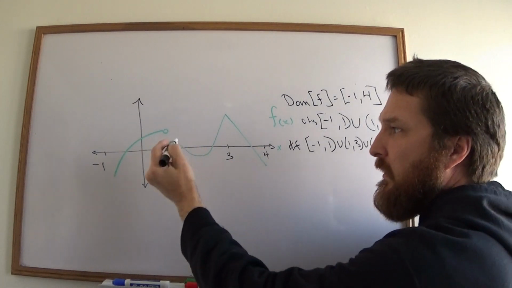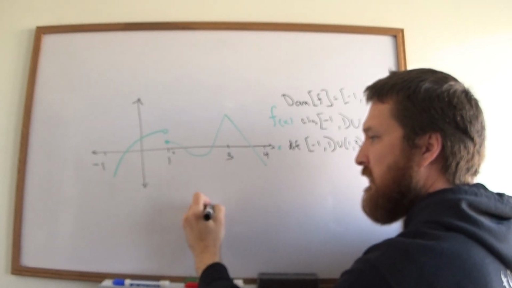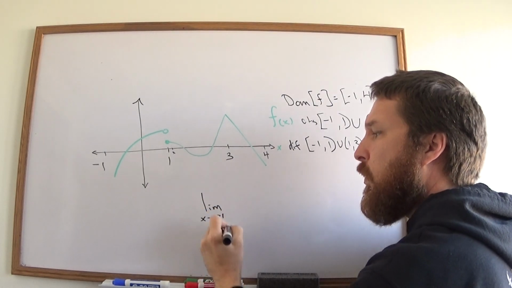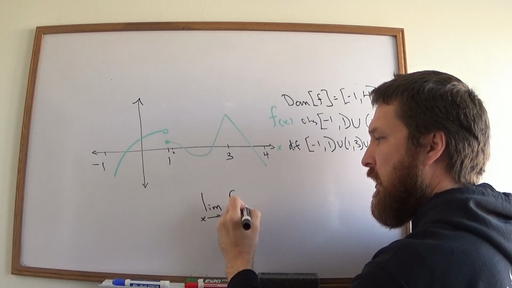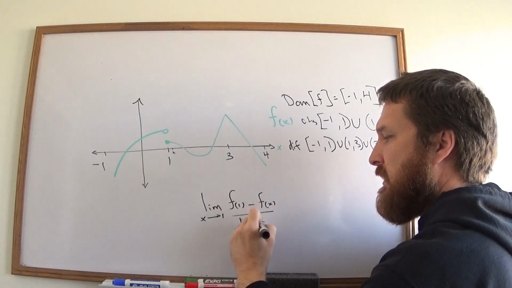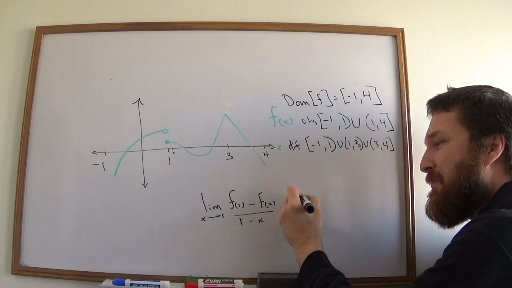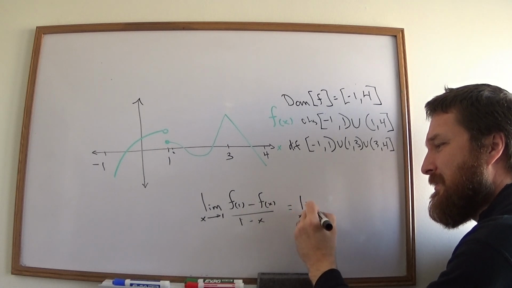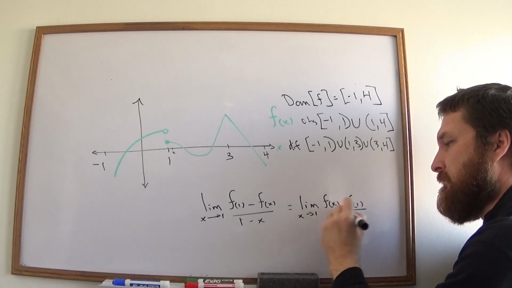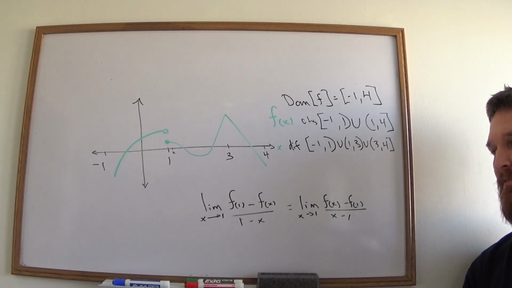If x were over here, and you were taking the limit as x goes to 1 of f of 1 minus f of x over 1 minus x. Notice I flipped them around, right? We would normally do it the other way. Either way, it's exactly the same thing. It doesn't matter which way.